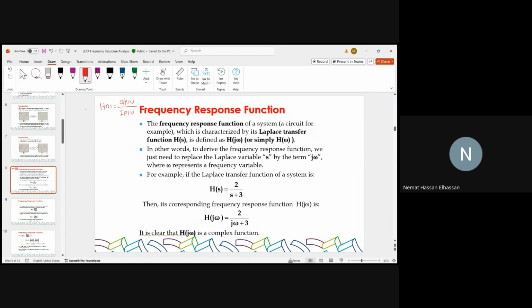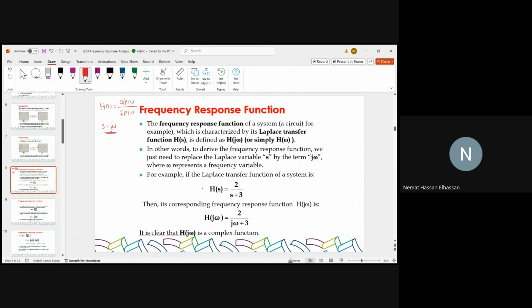Frequency response is whenever we take this Laplace transfer function and simply replace s by j omega. Once you do that, you've converted your function from a Laplace transfer function into a frequency response function.